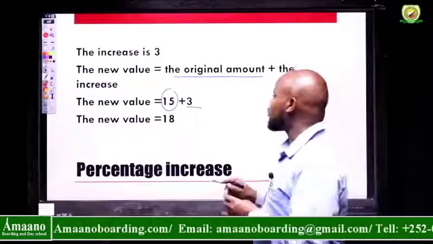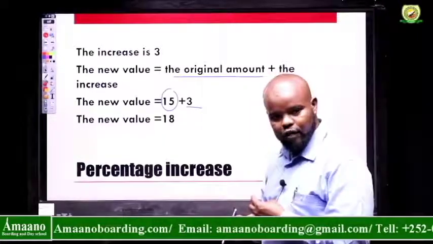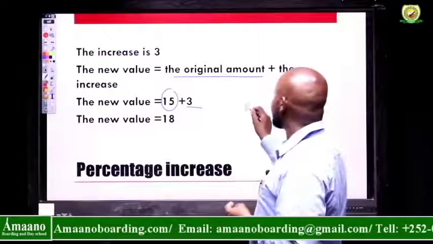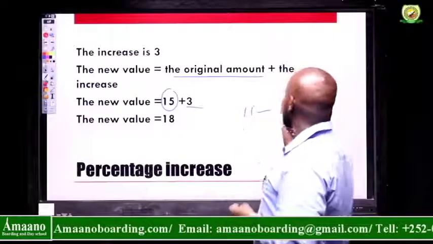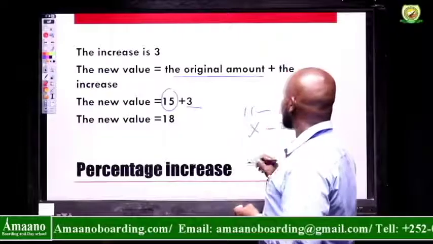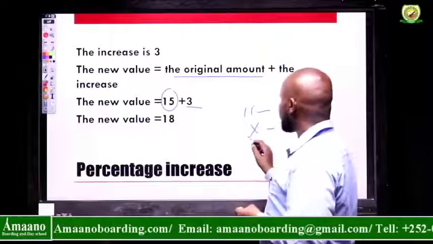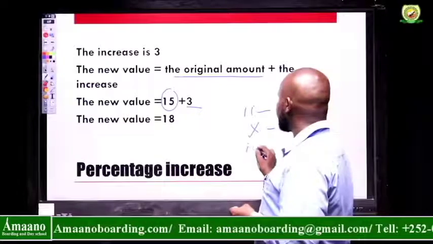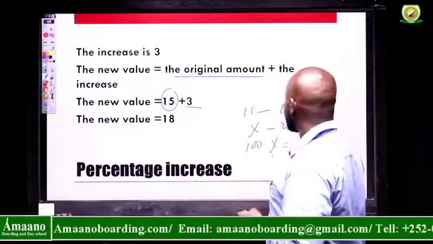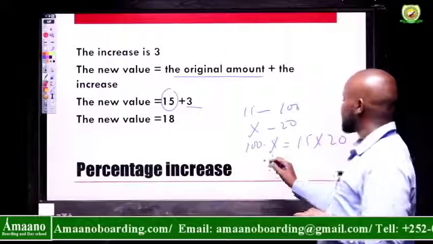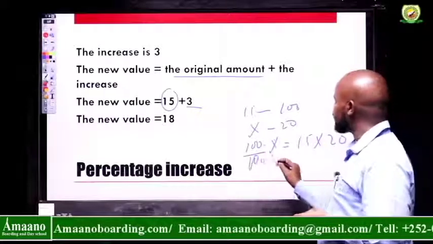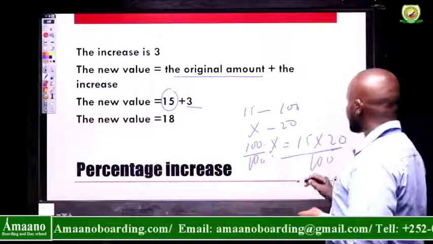First of all, we calculate the increase, right? We have 15, which is equal to 100%, and then 20% is equal to how much? We cross multiply, which is 100 times x is equal to 15 times 20. Now we divide by the coefficient of x, which is 100, on both sides.